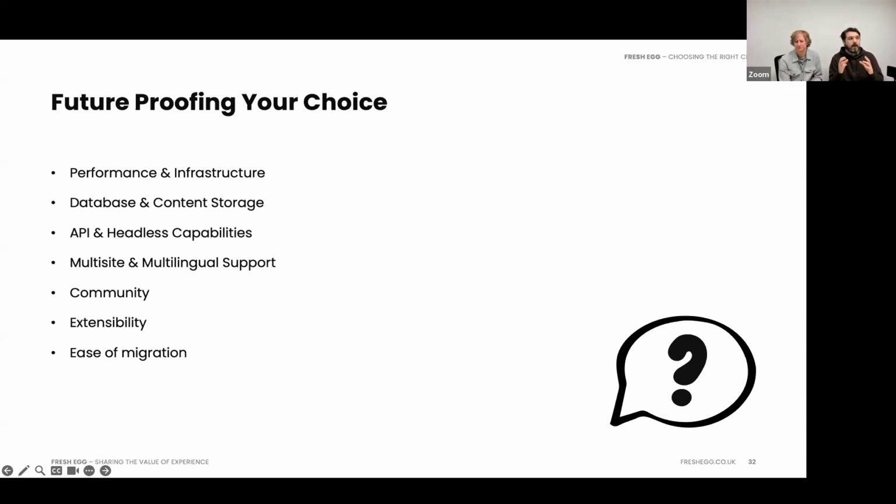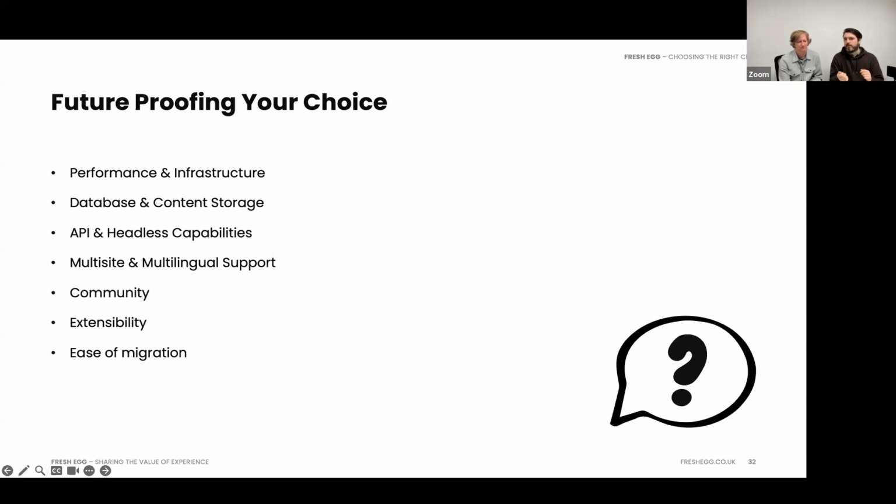Now, I was having a little look in preparation for this call, and actually most CMSs nowadays do have API and headless capabilities. So it's not necessarily something that you're going to find difficult to see, but what you might want to be looking at is how optimized they are for those. So there's different ways of running headless sites, about fetching the data.